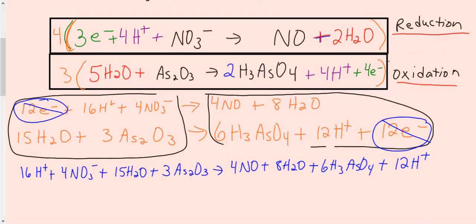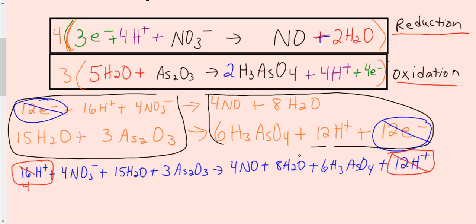So let's start with our hydrogens. On this side we have 16 hydrogens. On this side we have 12 hydrogens. So we can cancel the identical ones. So 12 hydrogens will cancel, which will cancel out the 16 here and leave us with 4 H. Next we will look at our waters.